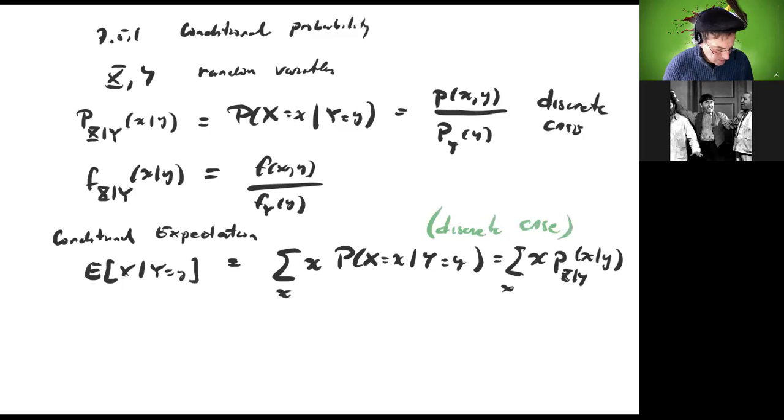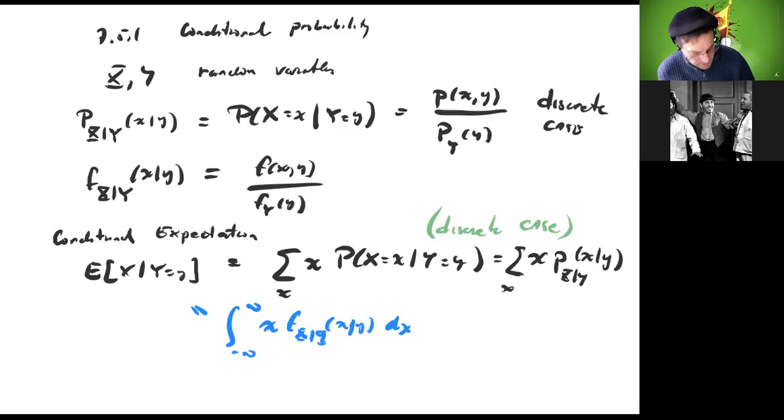And in the continuous case, it's given by the integral from minus infinity to plus infinity of x times f of x conditioned on y, dx. So that's the continuous case.